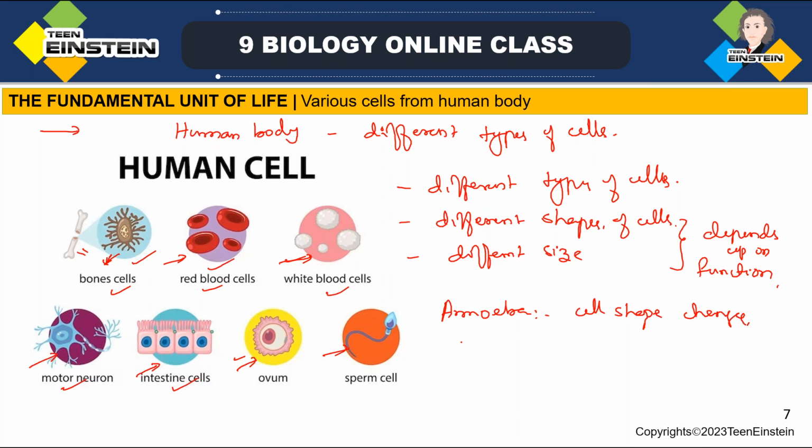In some cases, the cell shape will be fixed. In some, a fixed cell shape will be there. But it depends upon the type of cell and the function of that cell. For example, we can see this nerve cell. They are of particular types.